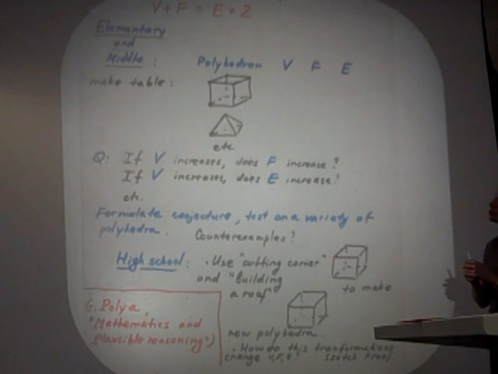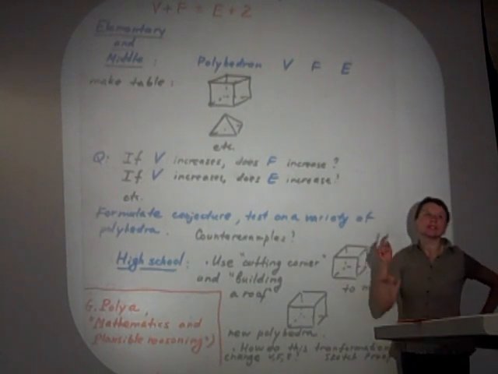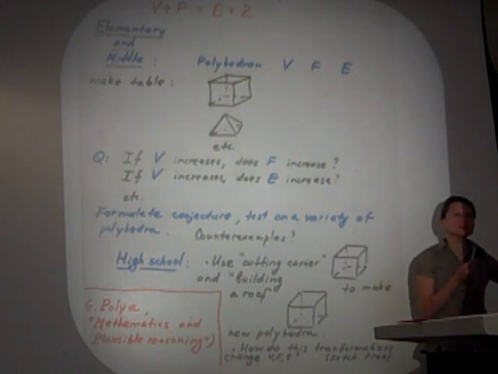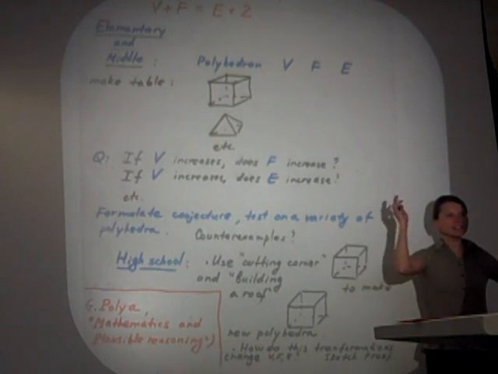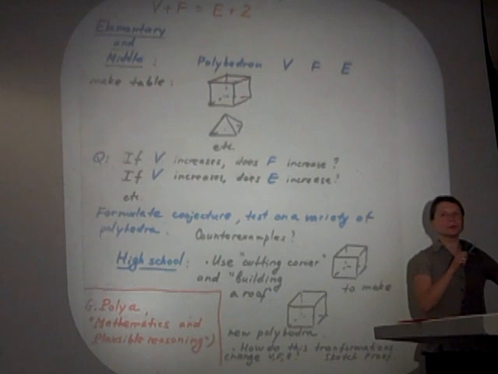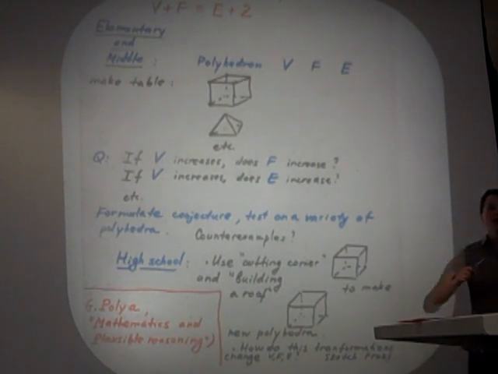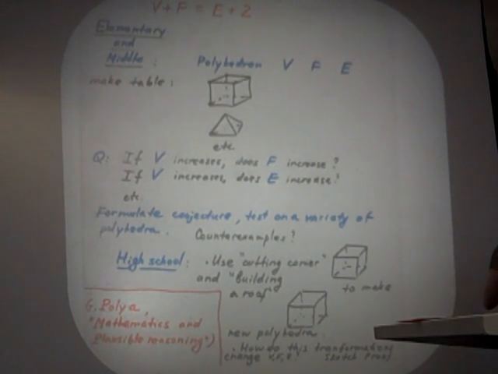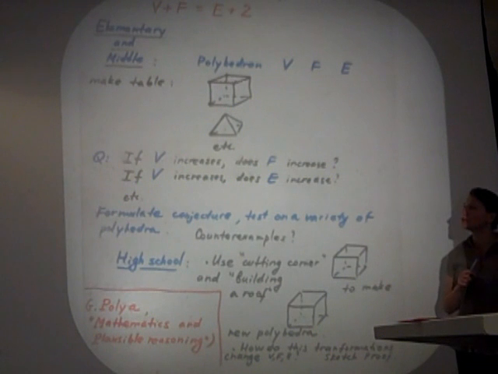So we start talking. Well, let's increase the number of vertices. What do you see? Is it true that the number of faces increases? Someone says yes, for the first 3 examples it's true, but no, it's not true. And I think this is a little way for them to analyze data and eventually come to the discovery. So eventually they come to the right thing.